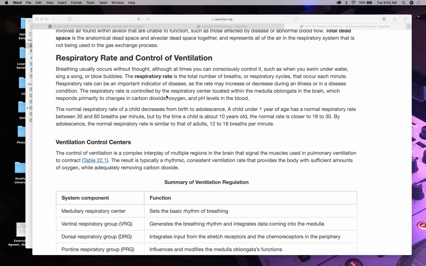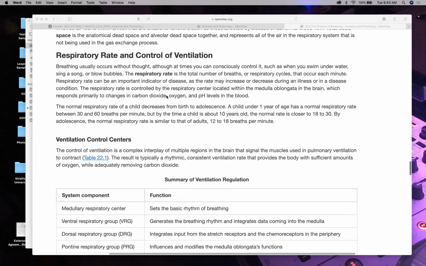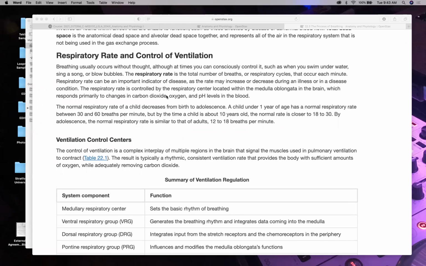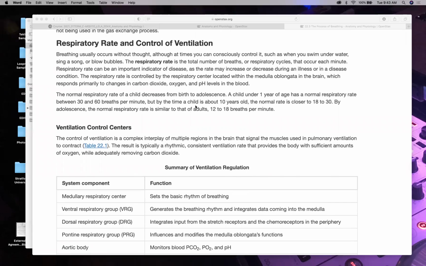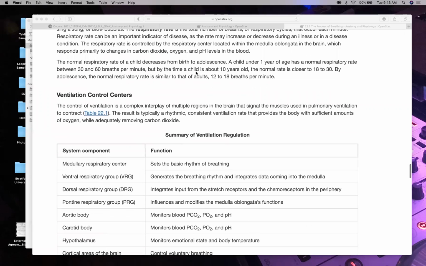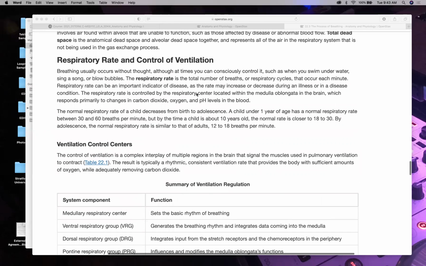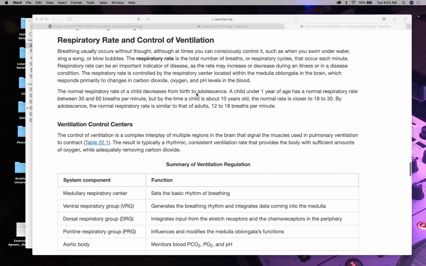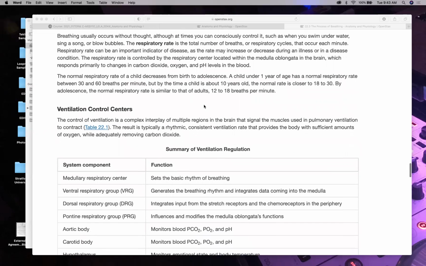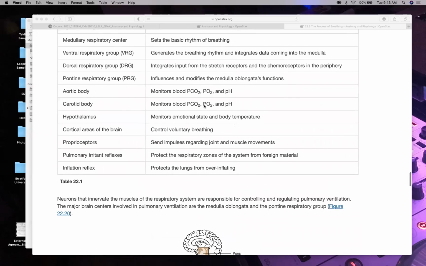Typically, it's 12 to 20 for an adult, and much faster for babies and children, which is labeled down here, but you need to know the adult. 12 to 20 is good. Greater than 20 is tachypnea. Less than 12 is bradypnea.